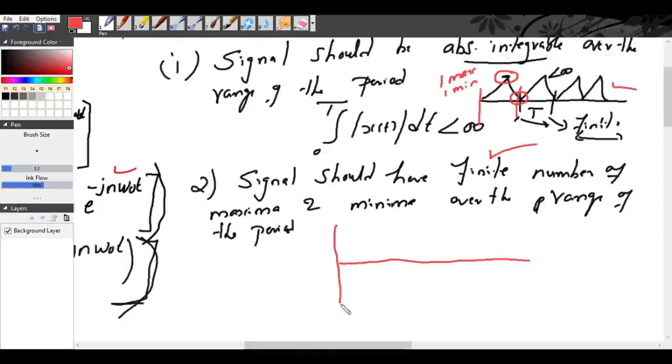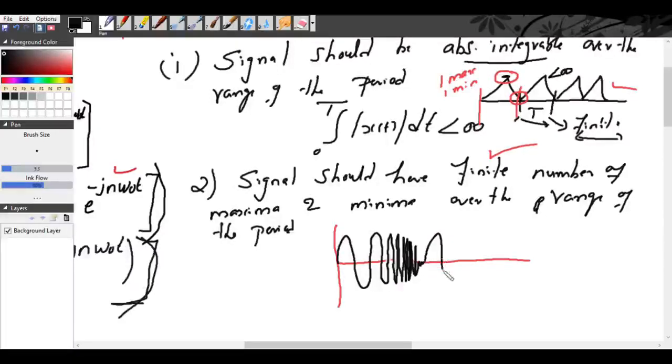Look at this. A sinusoidal waveform, but drawing it is hard. Observe it carefully. Look, over a period of time this signal is oscillating here and there, here and there, and finally reaching here.